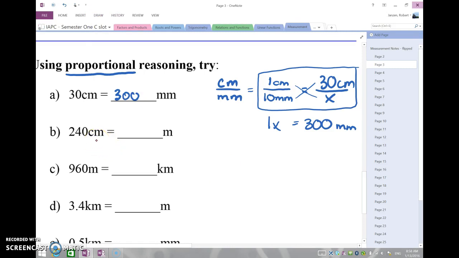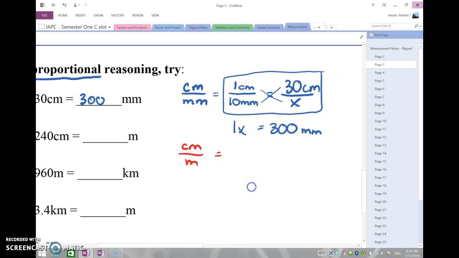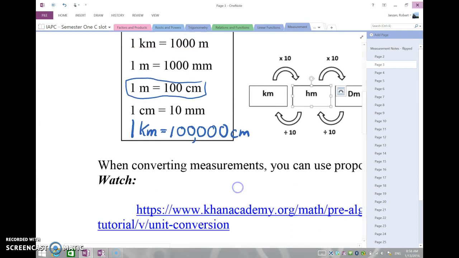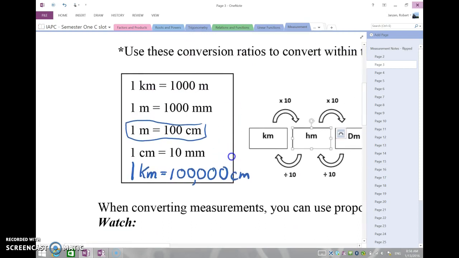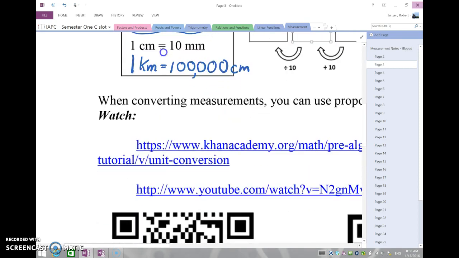240 centimeters to meters. Okay, so I'm comparing centimeters to meters. By the way, it doesn't matter which one goes on the top as long as you keep that consistent. So, what's our relationship between meters and centimeters? Well, looking to the top of the page, I see meters is 100 centimeters.